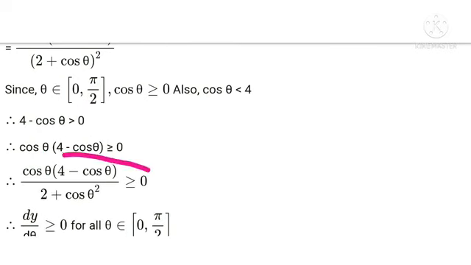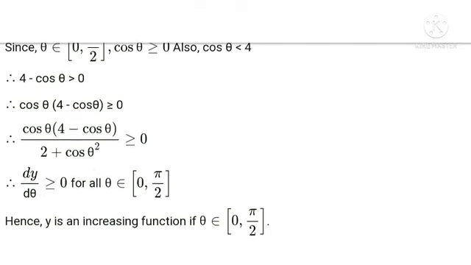So all this is greater than or equal to 0. That is, dy by d theta is greater than or equal to 0 for all theta belonging to closed interval 0 to pi by 2. Hence from this you can write that it is greater than 0, which means the function is increasing if theta belongs to 0 to pi by 2. Okay.